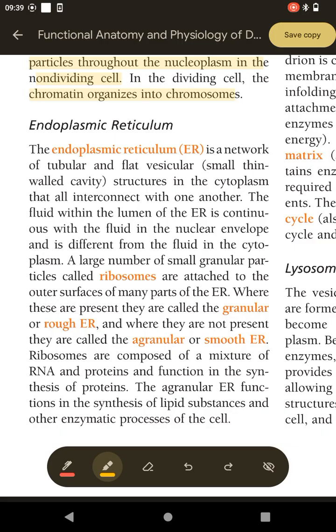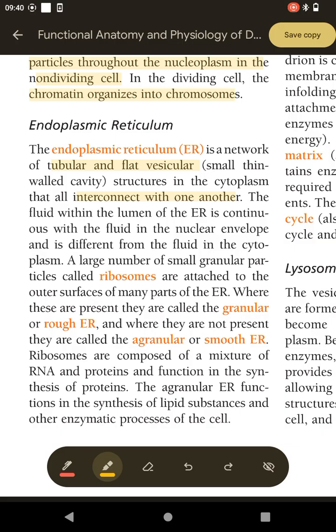As already discussed, the endoplasmic reticulum is continuous with the outer layer of the nuclear envelope. So what is this? This is a network of tubular and flat vesicle structures in the cytoplasm, like small thin-walled cavities. These structures are present in the cytoplasm and are interconnected with one another.